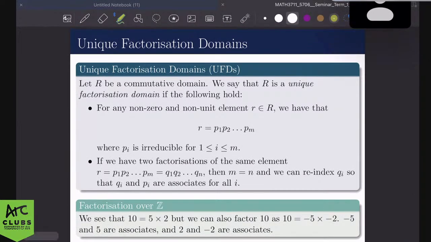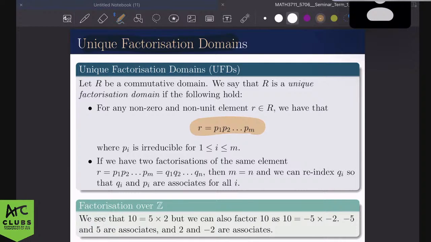Sweet. So now we're building up to this final thing called UFDs, which are unique factorization domains. A unique factorization domain is a domain where these properties hold. For any non-zero and non-unit element R, you can write R as a product of irreducible elements, and this way of writing it as a product of irreducible elements is unique, right?